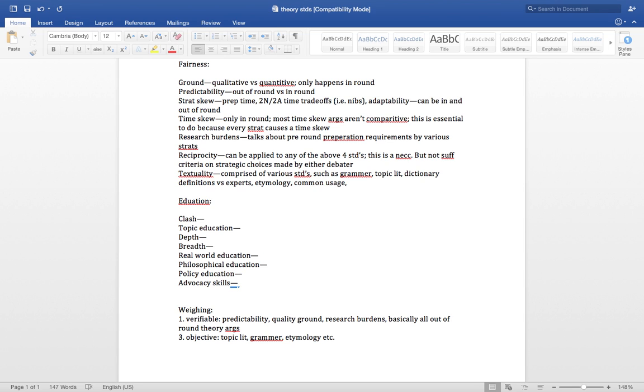Do people ever say that policymakers shouldn't base their decisions on util calculus, and thus they're still talking about policy education in some way? Yeah, people can do that. I don't think it's a very popular strategy right now, but it certainly could become more popular. It sounds like a reasonable form of argumentation to me.